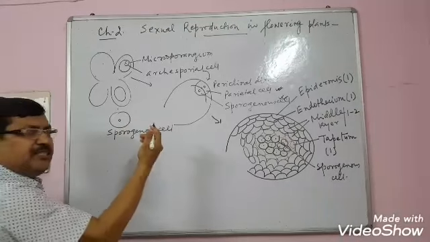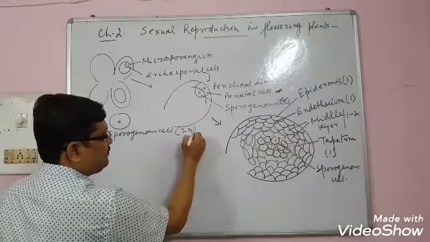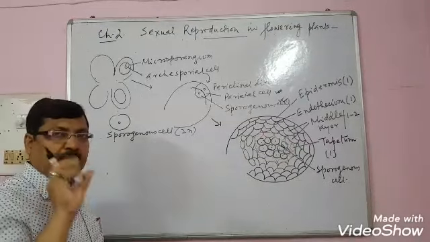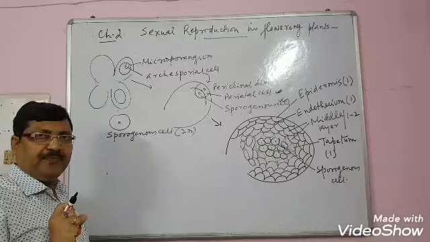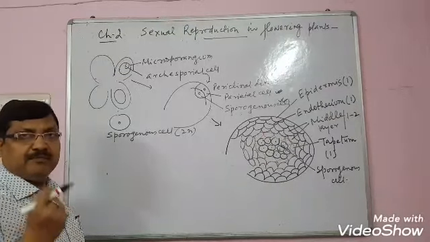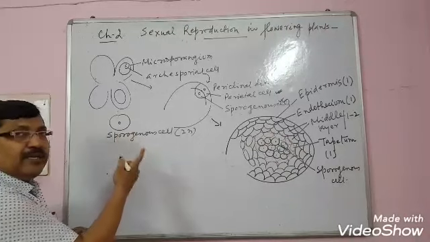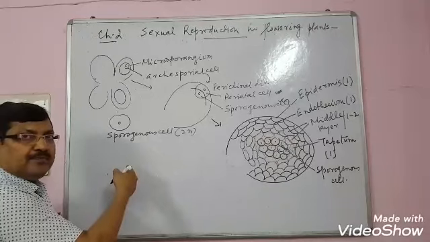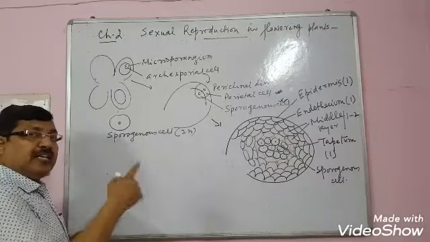This is basically diploid, 2N, and this is a big, potent cell having abundant food and cytoplasm. That's why it will undergo meiosis and form 4 spores.